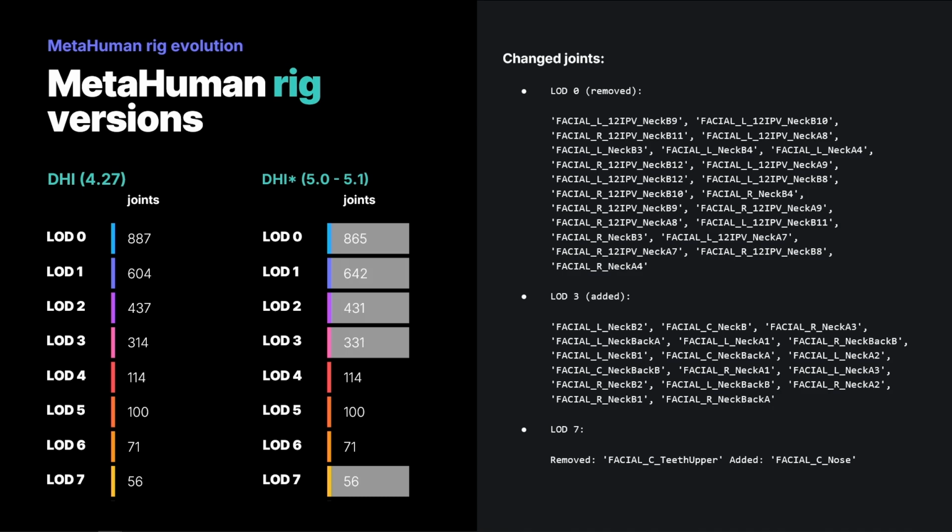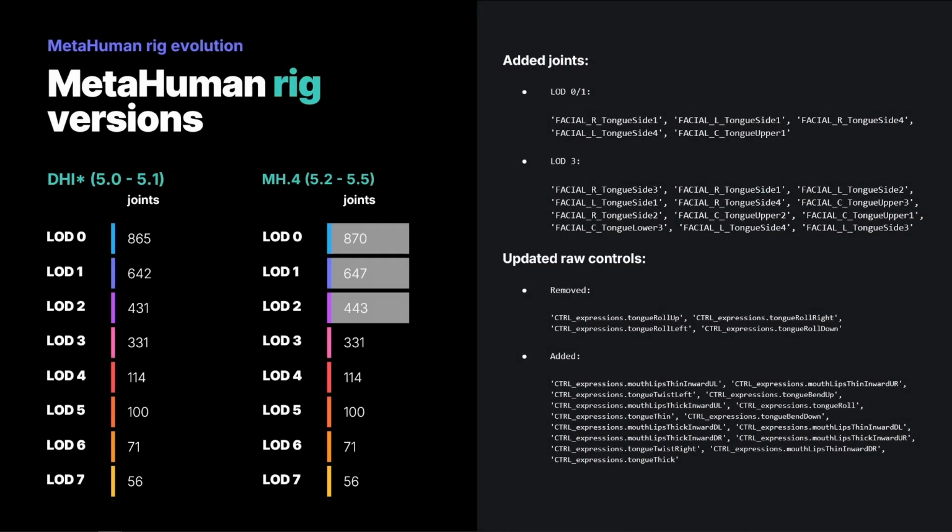As you can see, for LOD 7, the number of joints did not change, but we actually had one replacement. The second rig specification update between UE 5.0 and 5.2 actually got more updates.